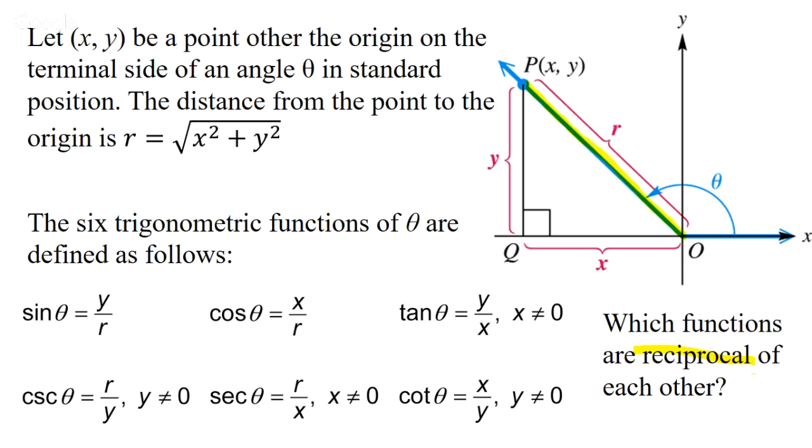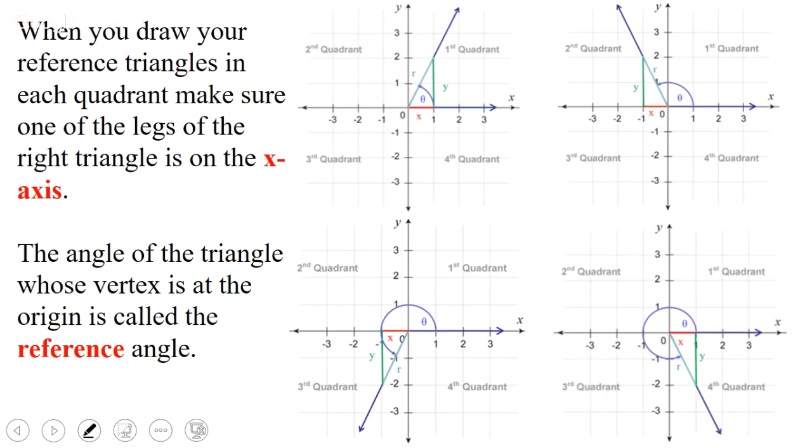And when I talk to you, I'm always going to ask you which ones are reciprocals of each other. So on our coordinate plane, we're going to draw our angles just like before, but now we're going to make these reference triangles, because trigonometry is all about triangles.